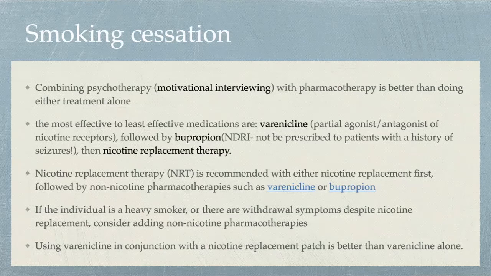But we start with nicotine replacement therapy as the first line, followed by non-nicotine pharmacotherapies such as varenicline and bupropion. If the patient is a heavy smoker or has withdrawal symptoms despite nicotine replacement, we can consider adding the non-nicotine pharmacotherapies. If varenicline is used in conjunction with nicotine replacement therapy, it's better than varenicline alone.